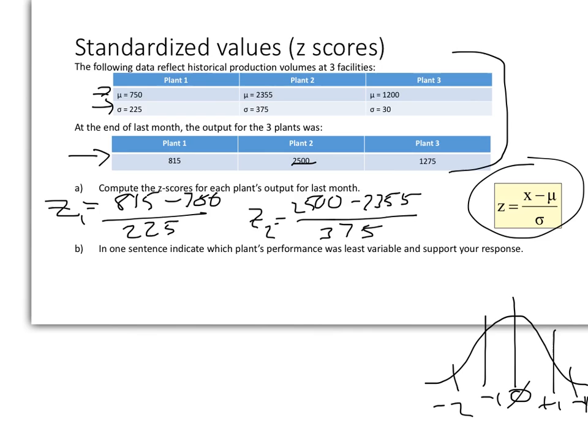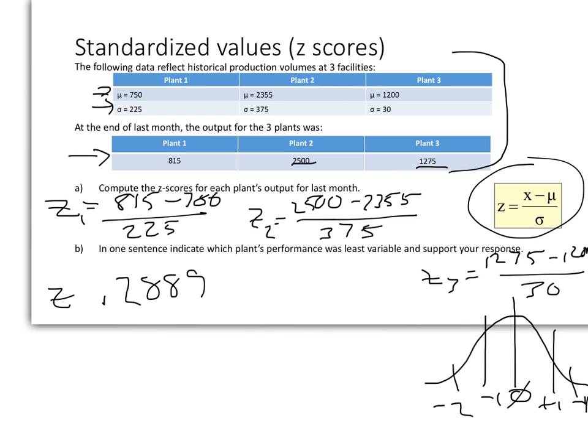And this is the second plant, and I guess I need more room here, but I'll just put it down here for now, and then we'll do these calculations in a minute. Z3 is going to be our sample, 1275 minus 1200 over 30. Okay, and so this is going to give us the standardized scores so we can compare the output among the 3 plants.